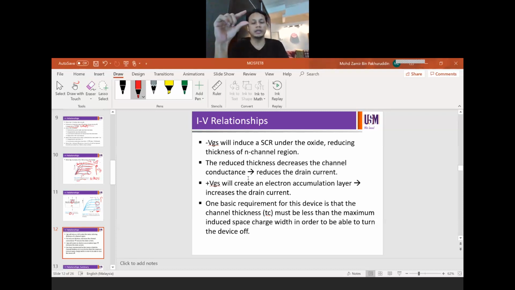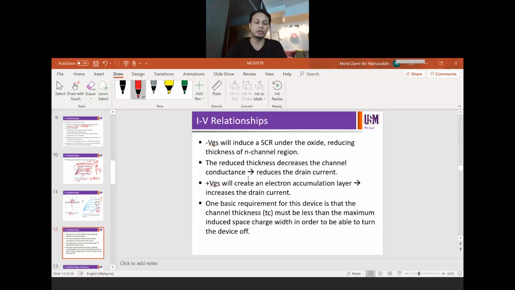Channel thickness is proportional to channel conductance, or the flow of current. If you have a thicker channel, conductance increases and drain current increases as well. On the other hand, if your channel thickness is reduced, your channel conductance reduces and your drain current reduces as well. This is what we call modulating the channel, so controlling the channel.